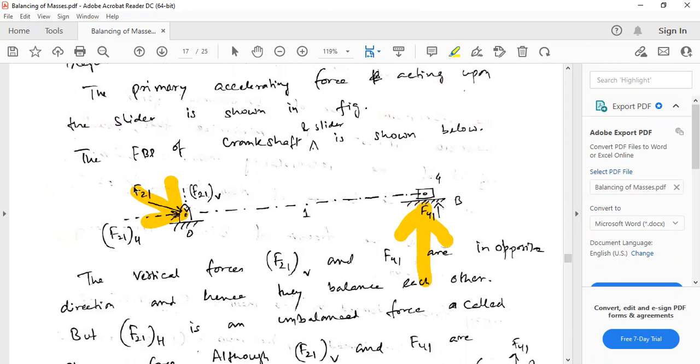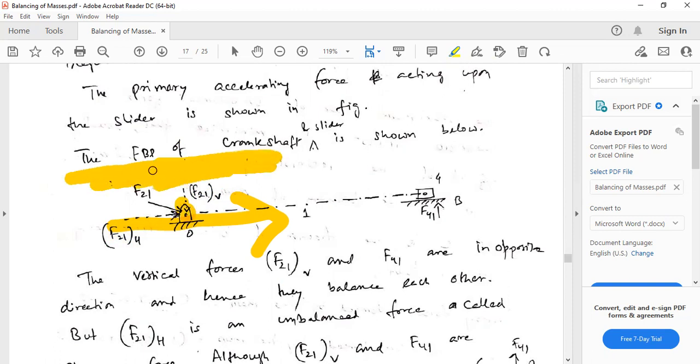Let's find the components of F21 and write them as vertical F21V and F21H. H is the horizontal component. Now you see the horizontal component is there. This is the force which is not cancelled by anything else, so this will cause this fixed point to shake like this.